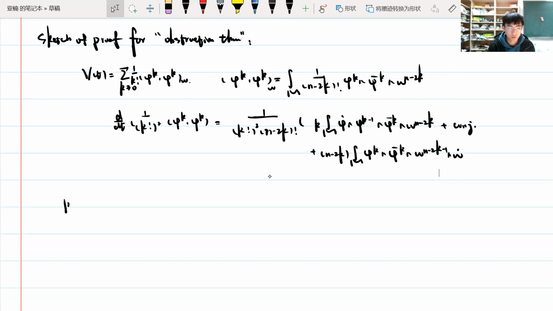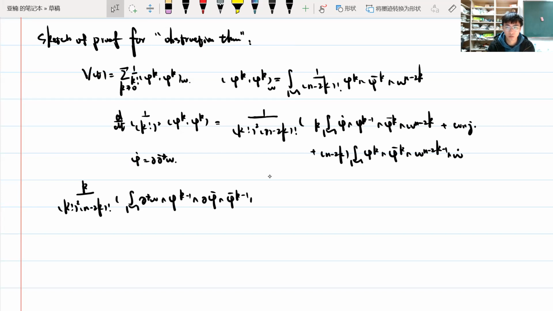The first term will be k, and this y star is d star omega, and integrating by parts, this is d exact, so we just have two terms. That is d star omega wedge, with minus 1 to the power, and d phi wedge phi bar.